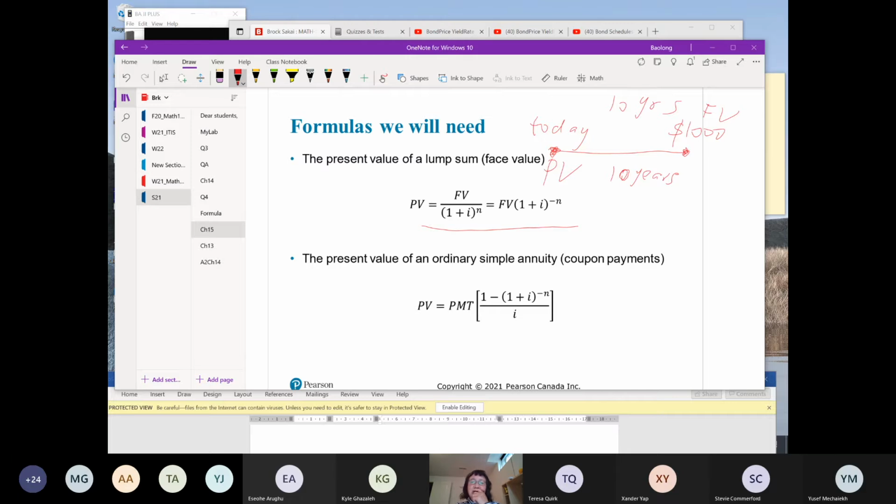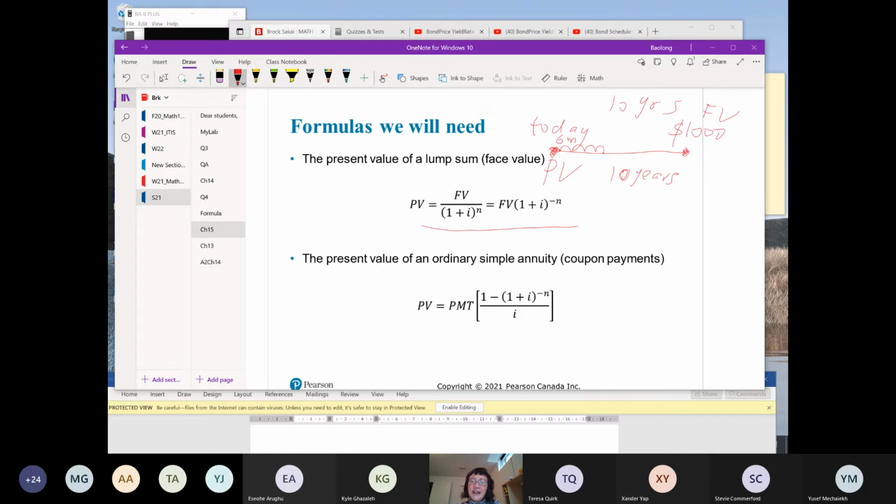On the other hand, because the bond has a coupon, it means every 6 months you will get a payment.